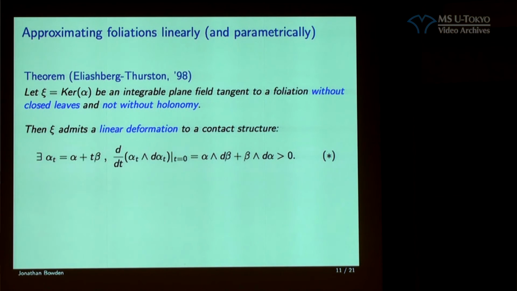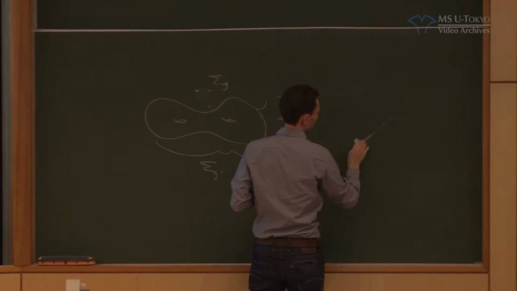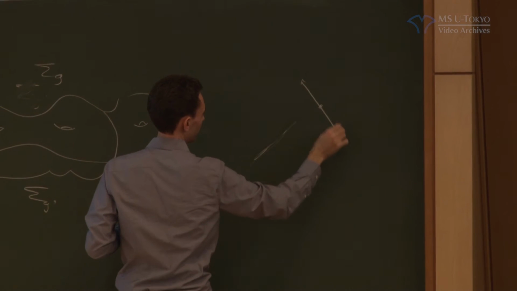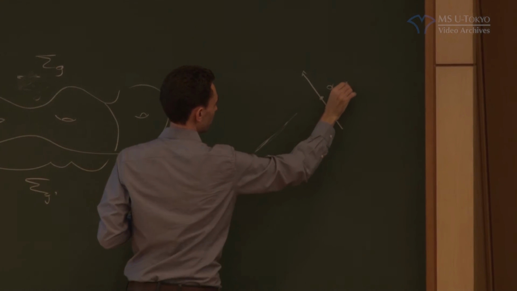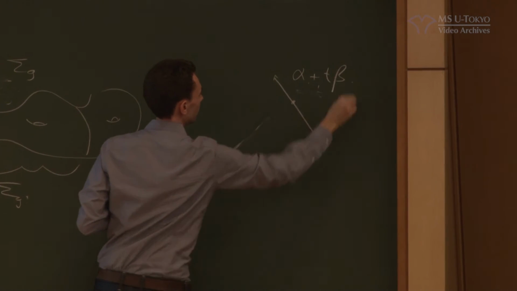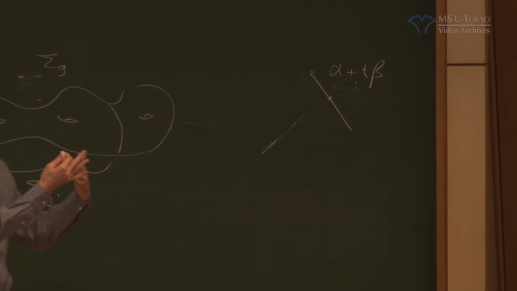So this theorem says, under these assumptions, you can find a very nice beta, so that alpha plus t beta instantaneously becomes a contact structure.